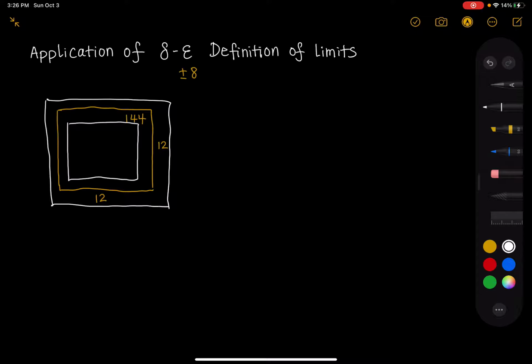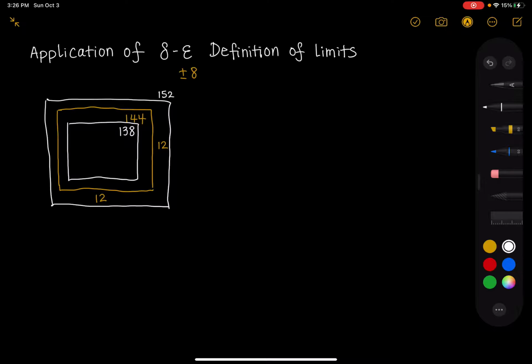But what is allowed is that you cannot have more than 8 square centimeters of error. So in that sense, the square cannot be smaller than 138, and it cannot be bigger than 152.